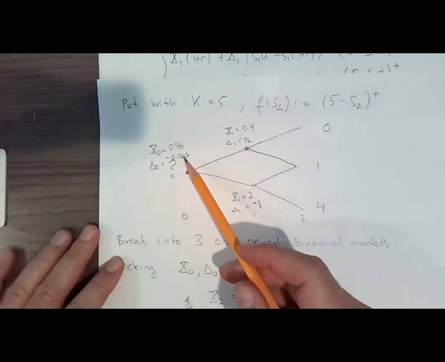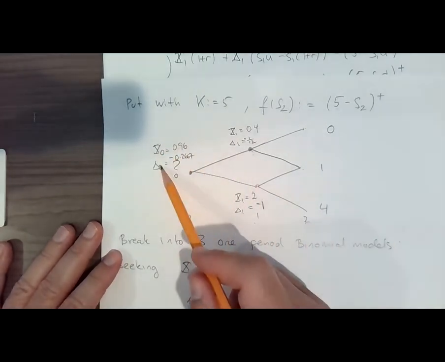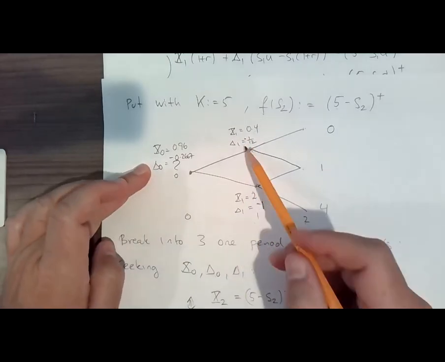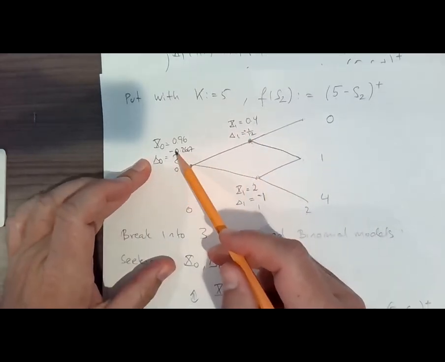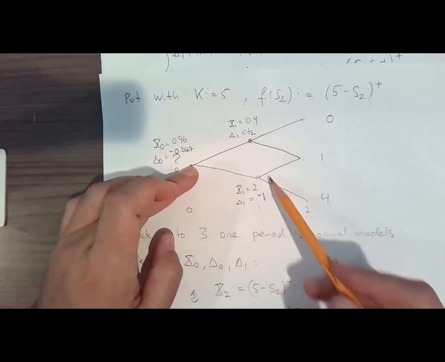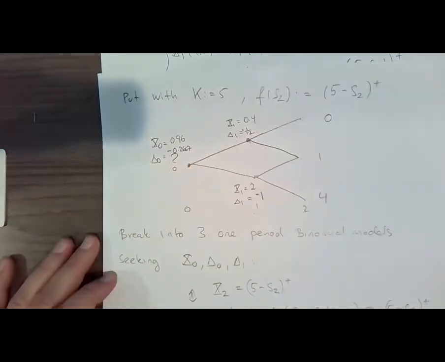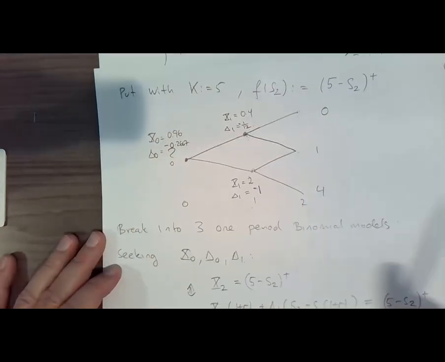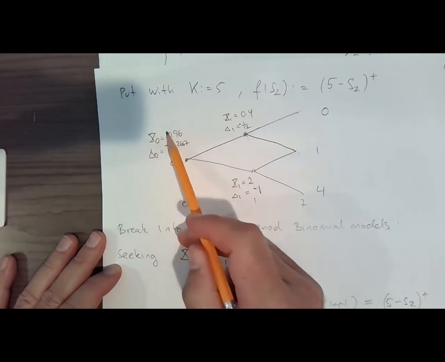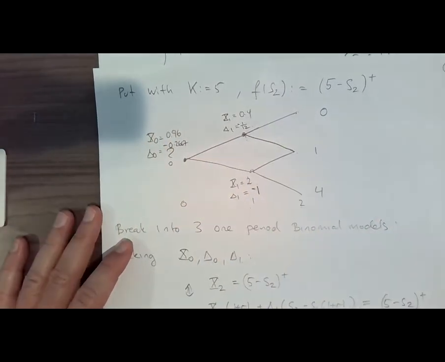We know what the initial value was for replicating, and you know what the strategy is. Initially, you have to hold that many shares, and then depending on whether you go up in the tree or you go down in the tree, you will get -1/12 or -1. So this is how many dollars you need to begin to set up this replicating portfolio. You need 96 cents.